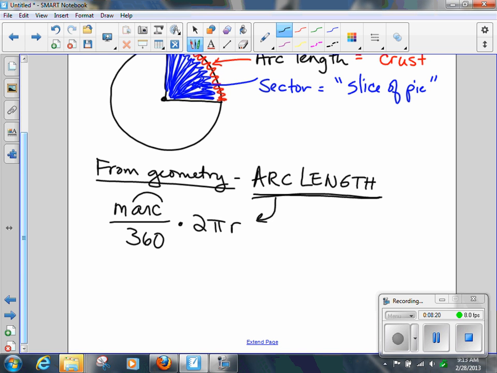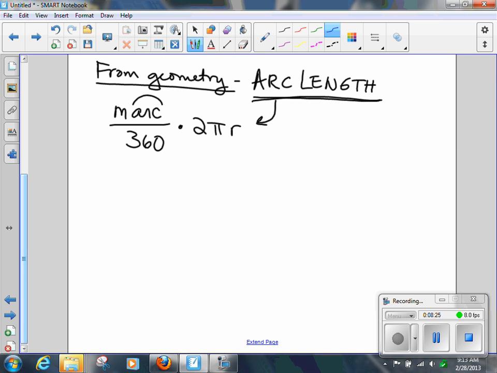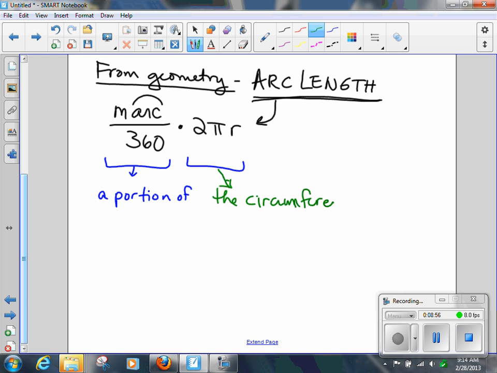Now, does any of this look familiar? Any portion of this formula look familiar to you? 2 pi r, it looks familiar. What is it? It's the circumference. What this is saying is that we want a portion of the circumference of the circle.